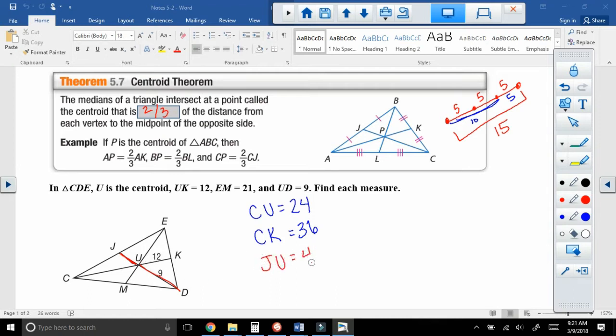JU would be 4.5 because it's half of the 2/3 part. And then how long is JD if they were to ask me that part? Well, if this is 4.5 and this part's 9, then the whole thing is going to be 13.5.